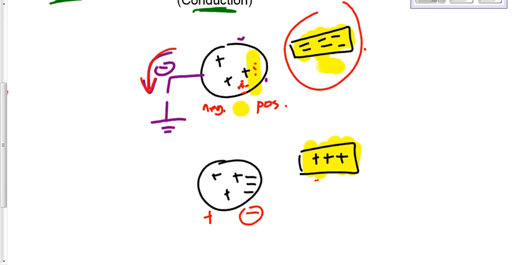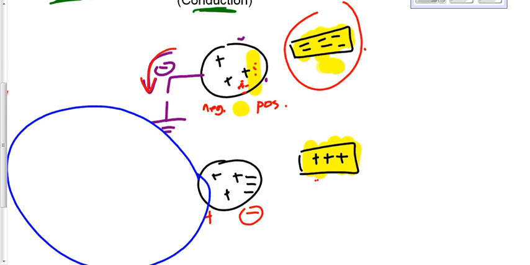Because opposites attract. Now, if I attach a ground wire, or better yet, let's just attach some big oval thing, or almost looks like an eyeball. Attach some big eyeball to it. Well, it can serve as a ground, right?